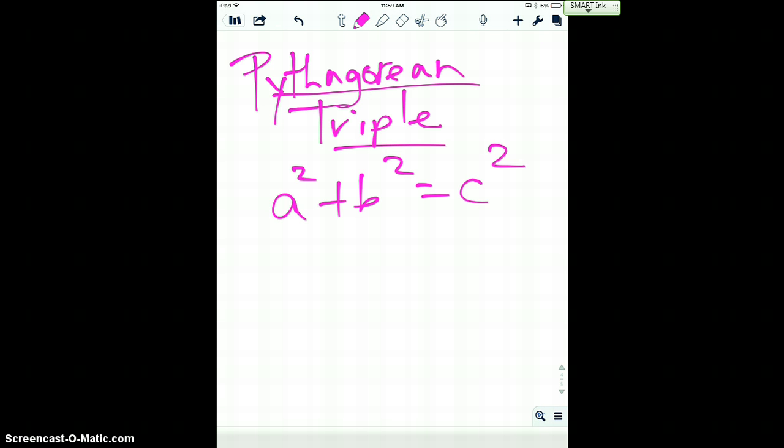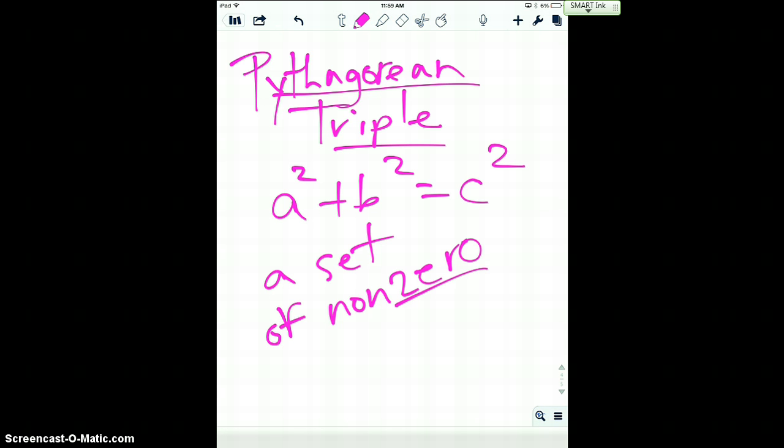The key there is that they're a set of non-zero, can't be zero, whole numbers that satisfy this Pythagorean theorem. And those are known as Pythagorean triples.